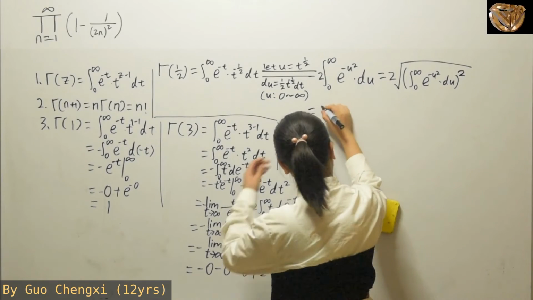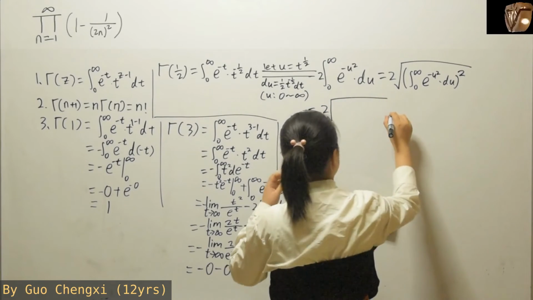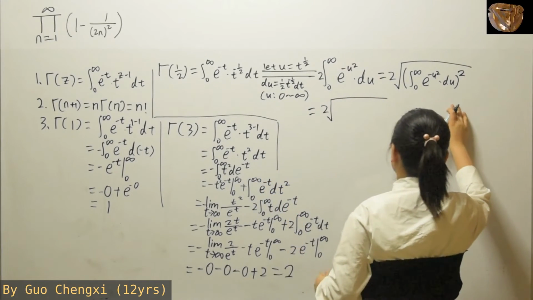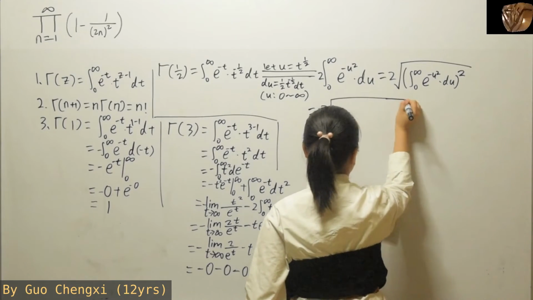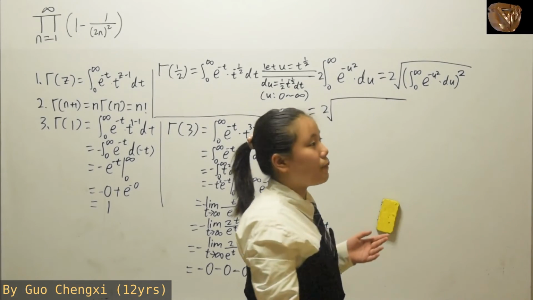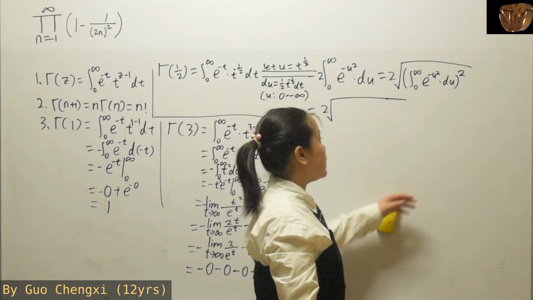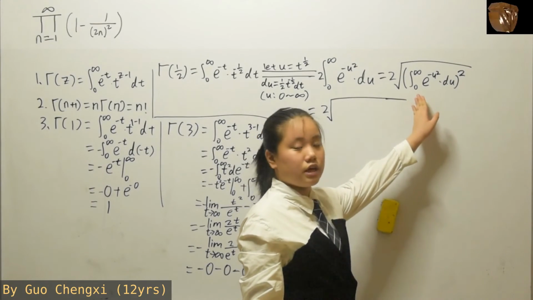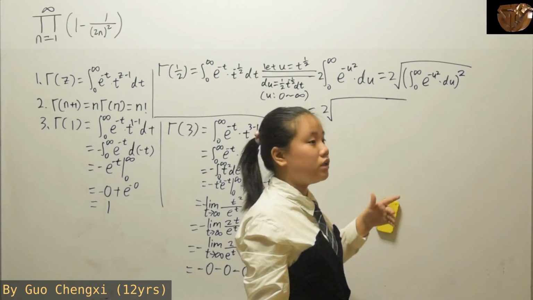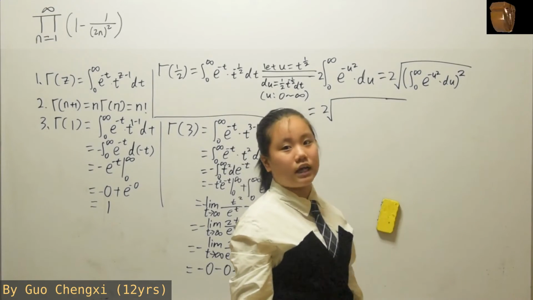Once you square it, because this is a definite integration, no matter what variable you use, in the end you're still going to sub it into the boundary. So the variable doesn't matter.